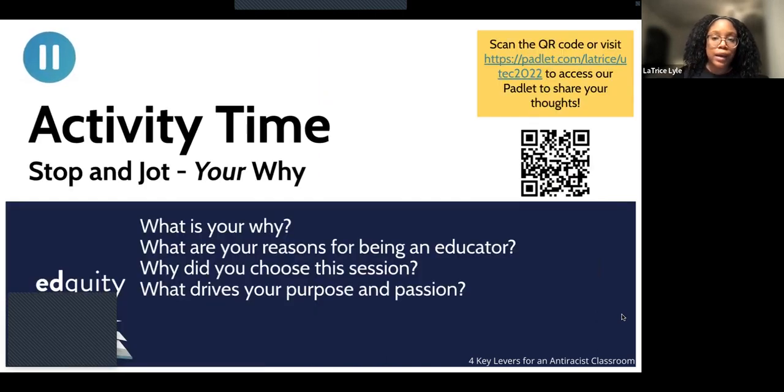All right, now we are going to get into a reflective activity. So in a second, I'm going to ask you to press pause again. And during that time, I want you to stop and jot quickly. There's space in your workbook for you to do this, or however you feel most comfortable. Stop and jot in your workbook.